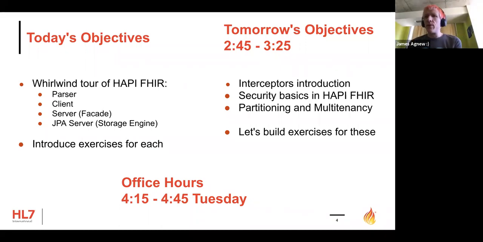Obviously, there's no obligation that you even look at those exercises if you don't want to. But if this is your first introduction to HAPI, or you're fairly new to the process, or there's a part of the library you haven't played with before, there are these little exercises you can use to get going.